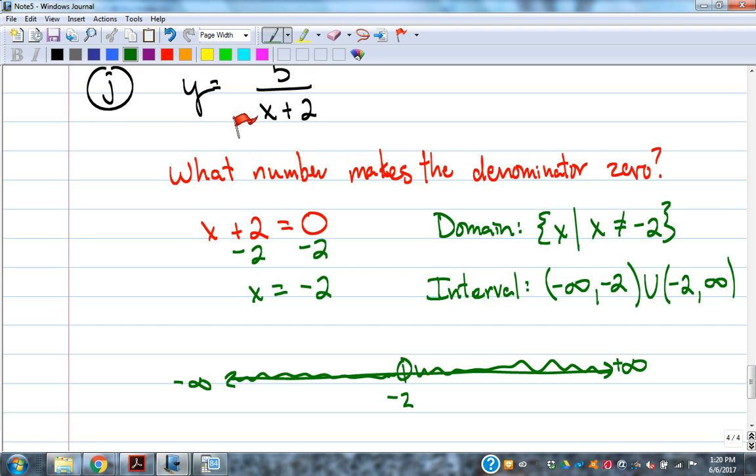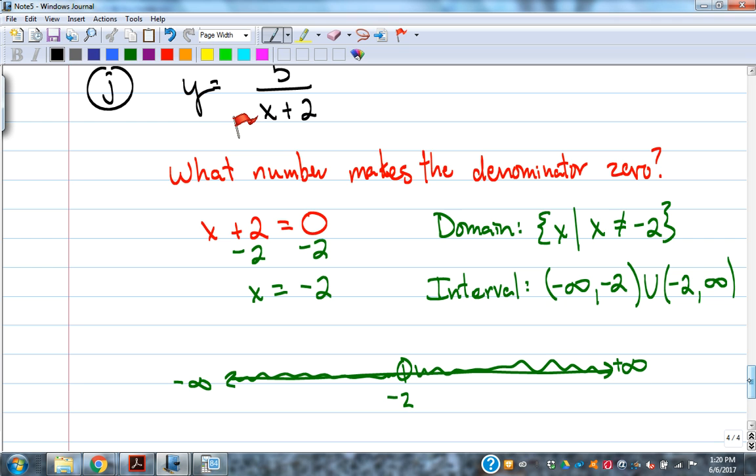But whatever number you're skipping, it's negative infinity up to that number, that number to positive infinity. That's what's going to happen when you have an X in the denominator. We're going to look at a couple more examples of this, so it's not anything incredibly distant when you get time to practice this.